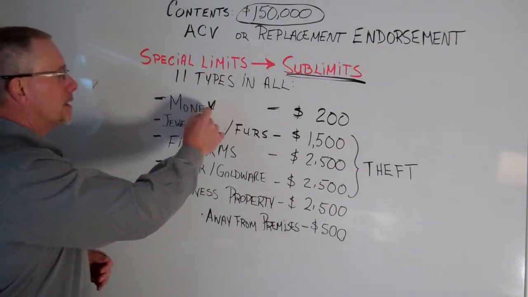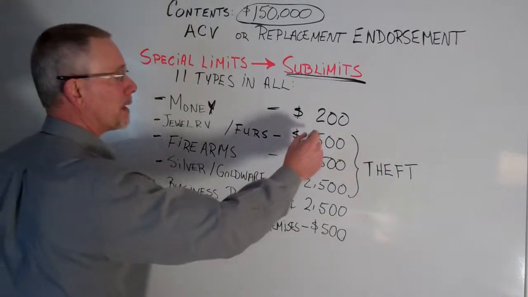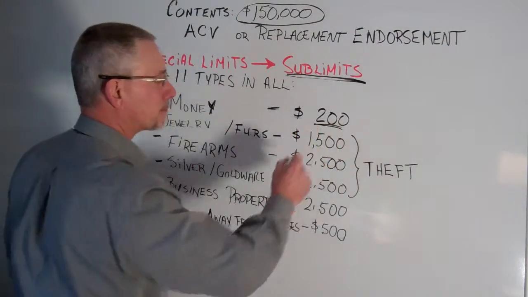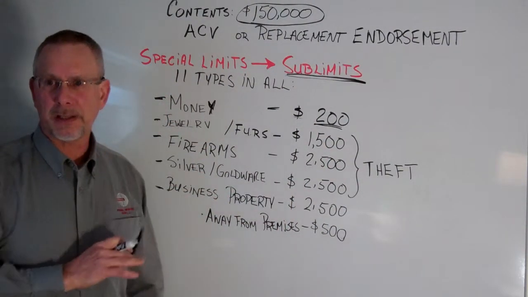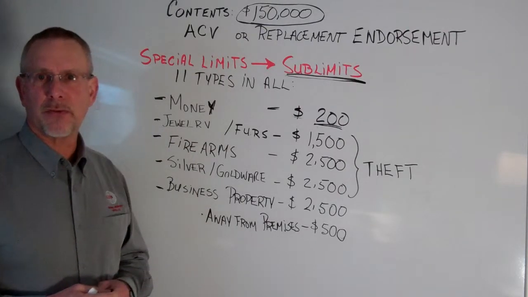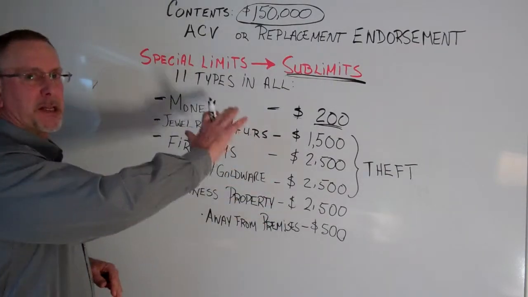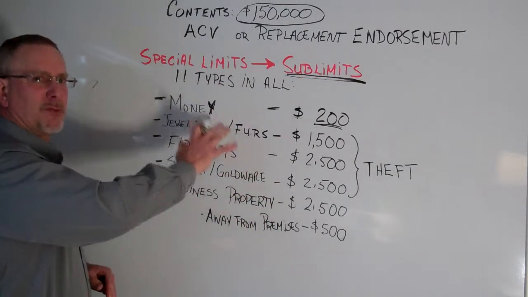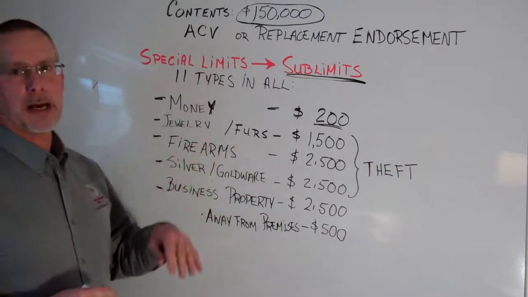Money coverage. The sublimit on money is $200 in most policies. Some companies will vary these sublimits a little bit in order to make a little bit of a differentiation for their product in the marketplace. But most policies are going to be right around these limits. Money, $200.